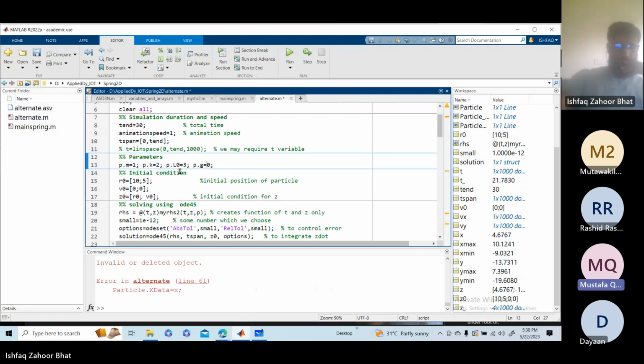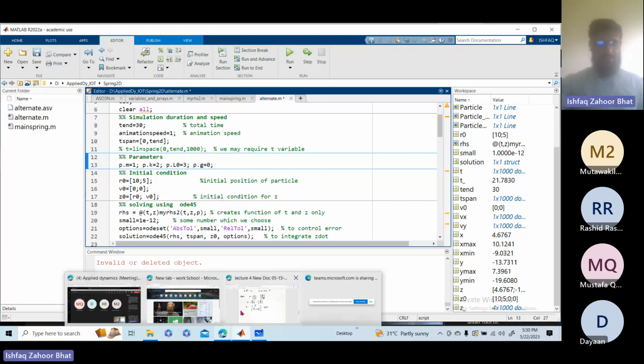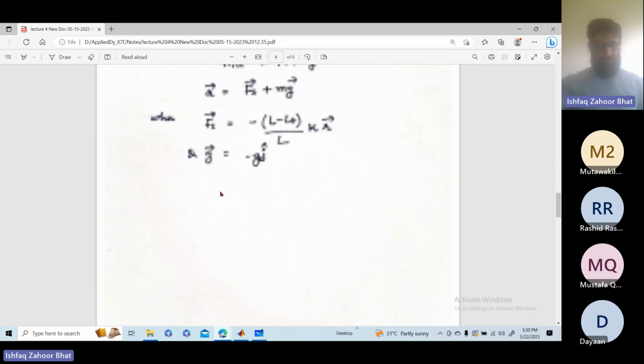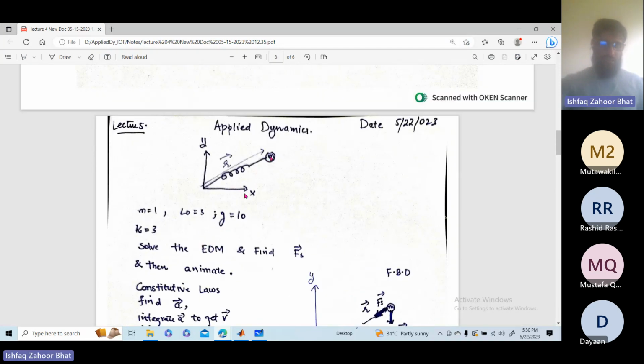There is no component along gravity, so there is no gravity. See, you have a spring here, and there is nothing which is pulling it down. The only thing is, if you elongate it, it will come back and oscillate, isn't it?